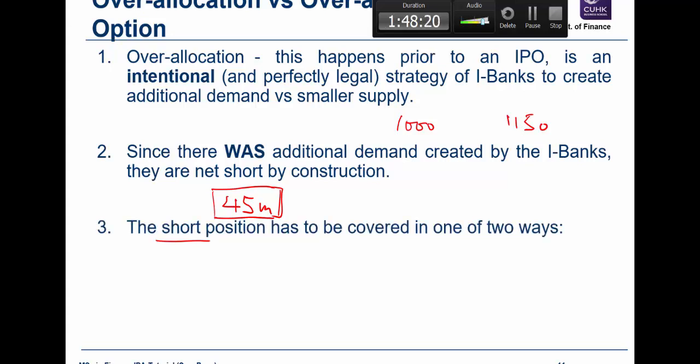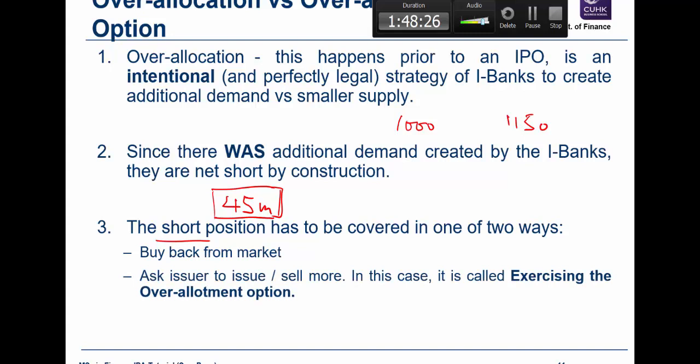You have to cover that short position. Either you buy back from the market, or you ask the issuer to issue more or sell more. In that case, it's called exercising the over allotment option. Sometimes it can be a combination, just like in that in-class assignment question.